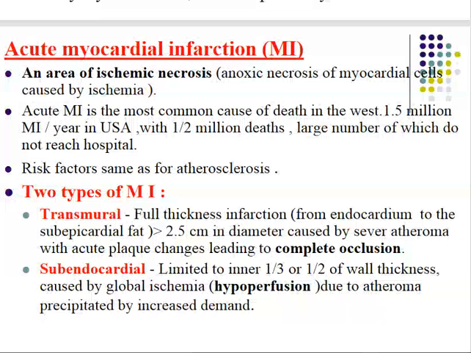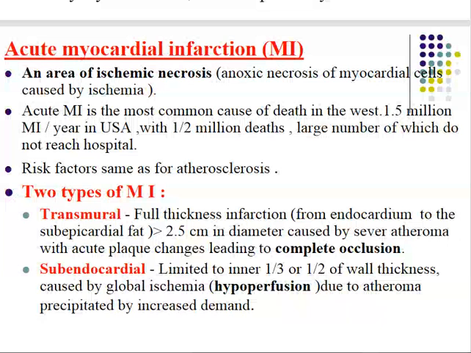That is to say, endocardium, myocardium, even reaching the epicardial fat, about 2.5 cm in diameter, caused by severe atheroma with acute plaque change, leading to complete occlusion. As we talked previously, acute plaque lesion means there is a rupture of the atheroma, formation of thrombus, and occlusion of the vasculature. So complete occlusion results in transmural myocardial infarction.